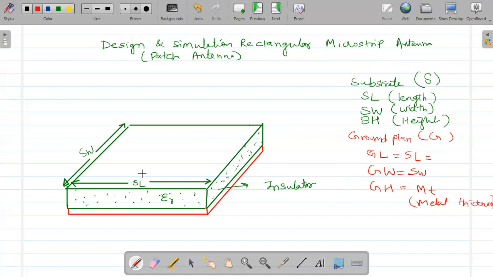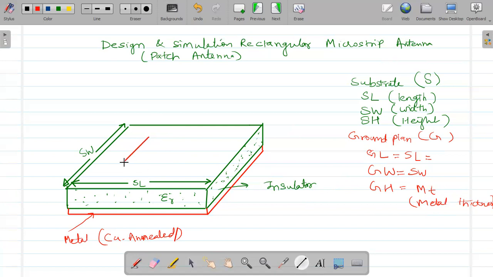Actually, in a patch antenna this is made up of metal. In our case we are going to use annealed copper material for this. The patch is also of metal, and the dielectric substrate is there.